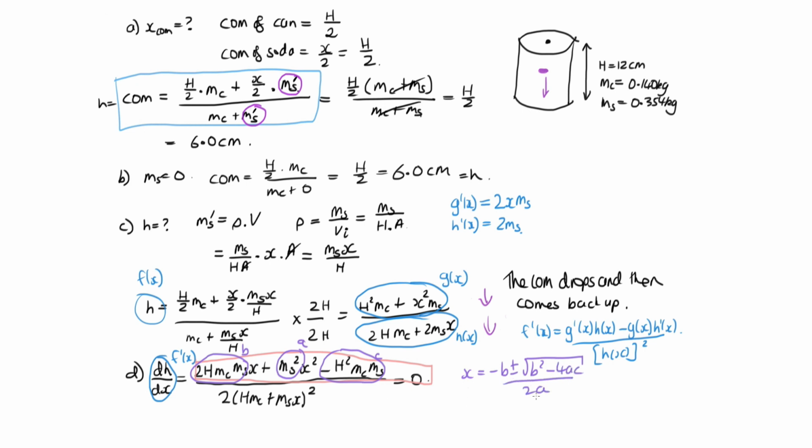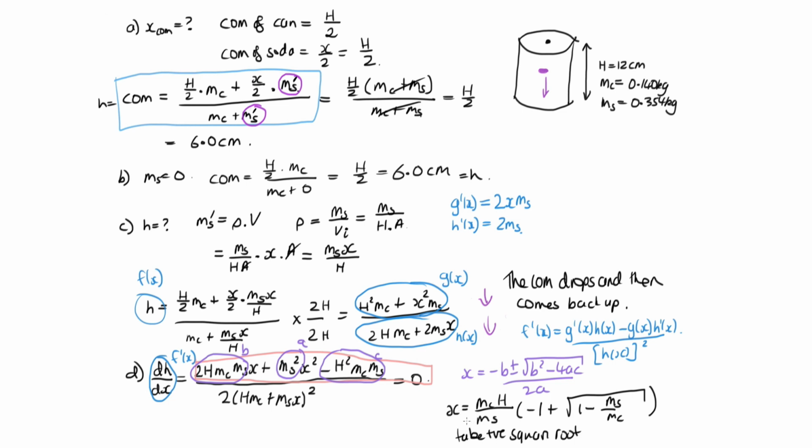So we can substitute these terms in and simplify, and we end up with x equal to the mass of the can times the height of the can over the mass of the soda, times minus 1 plus the square root of 1 minus the mass of the soda over the mass of the can. And we can take the positive square root, as x is the height of the soda above the bottom of the can, and that can't be below the bottom of the can, so it must be a positive number. So take the positive square root.